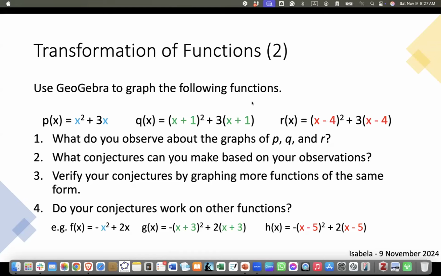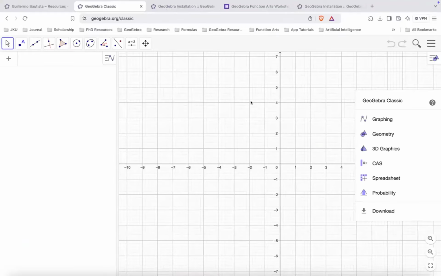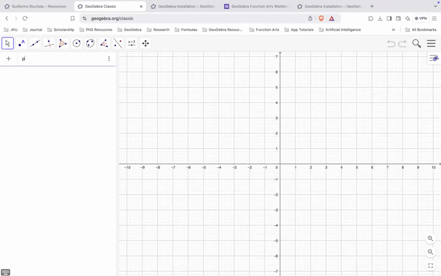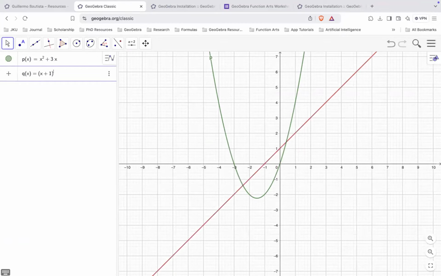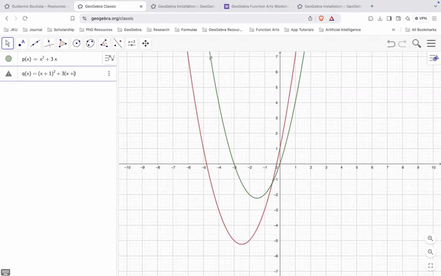Okay, maybe let's try, no? x squared plus 3x. So p of x equals x squared plus 3x. And then q of x equals x plus 1 quantity squared plus 3 times x plus 1.